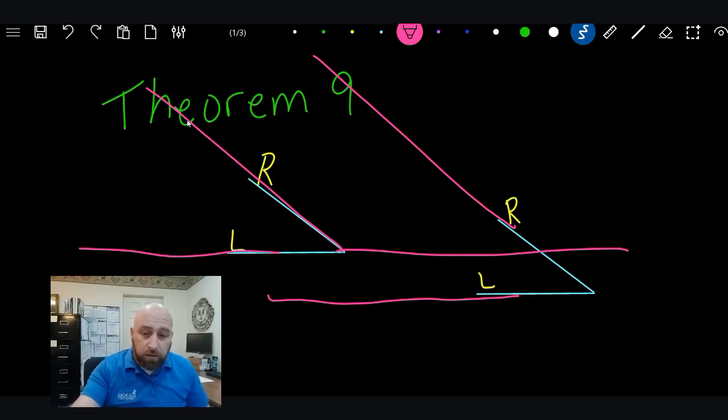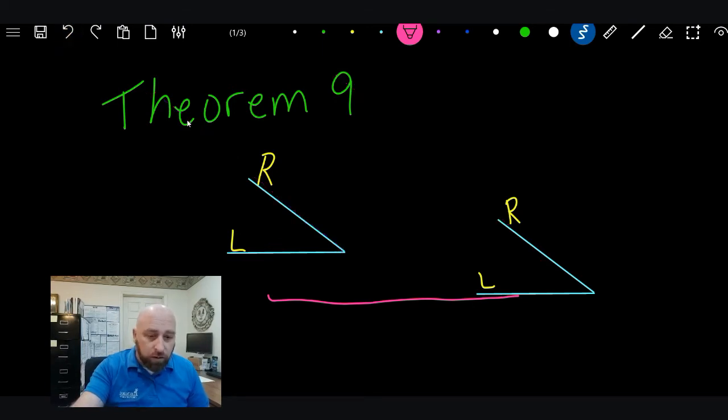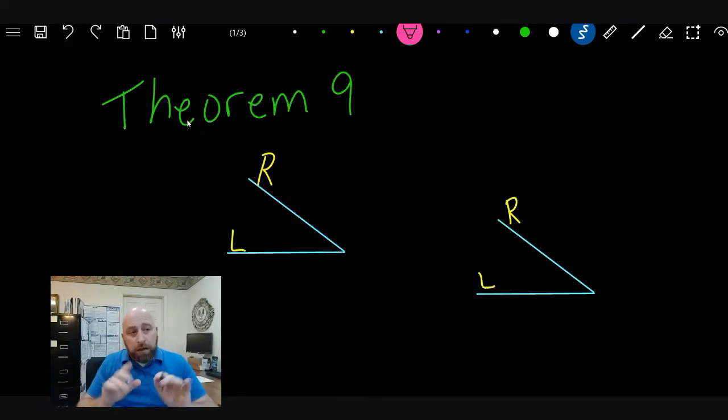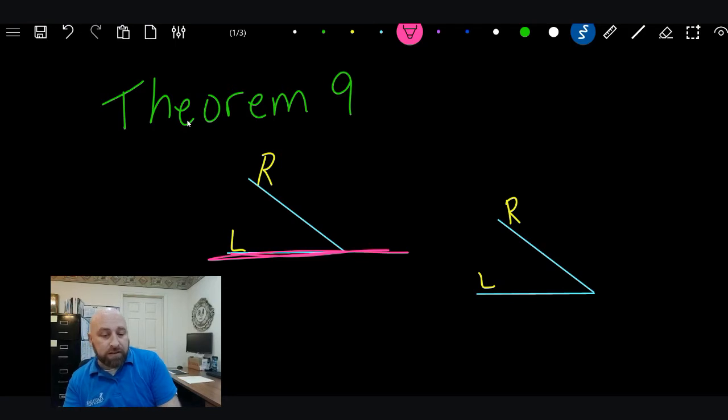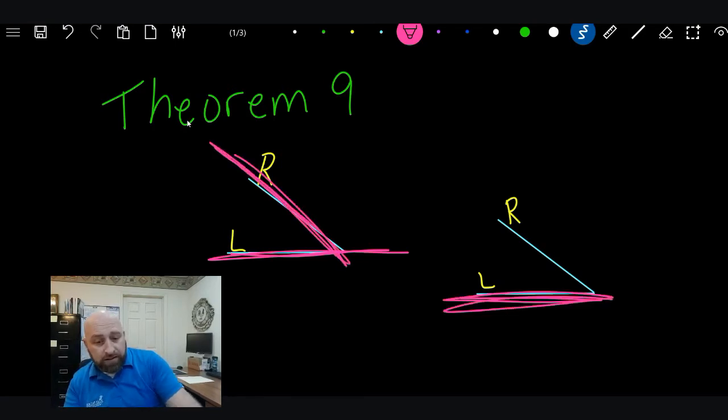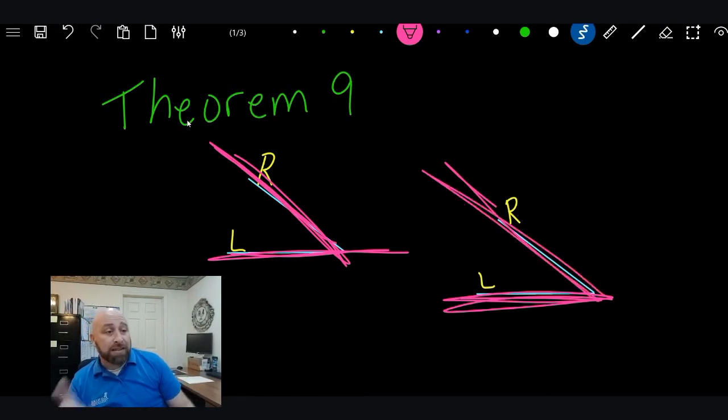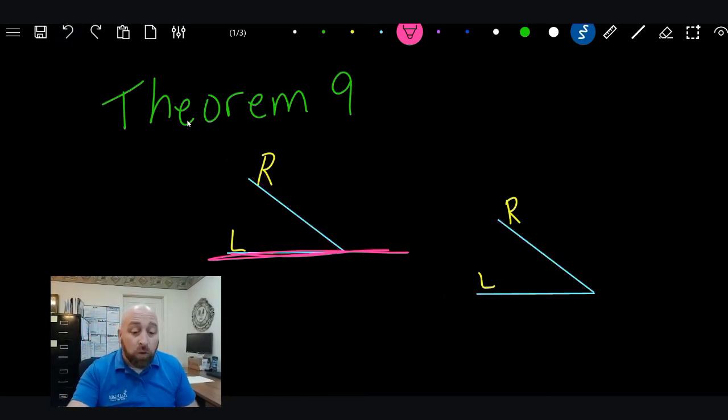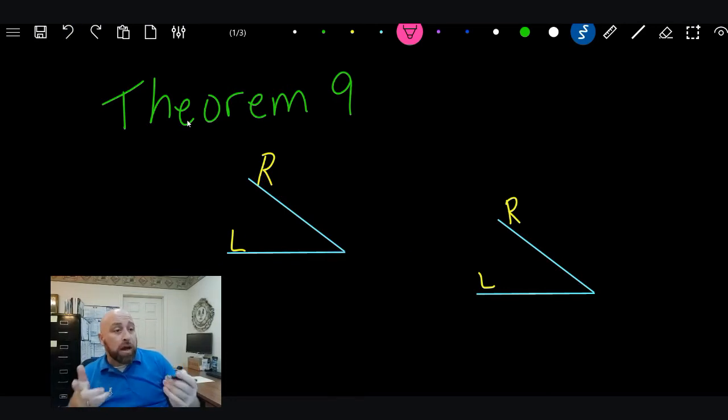Again, I just copied the triangle and moved it over, so I know that it's an identical triangle. But here's what the theorem says. If this is parallel to this, and it is, and if this is parallel to this, and it is, then the angles are equal. This is a new way to prove angles equal.